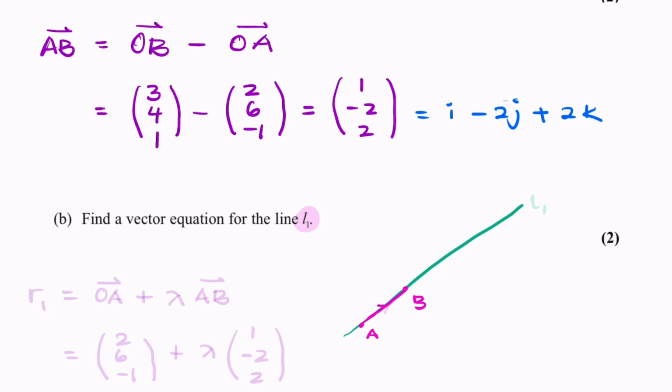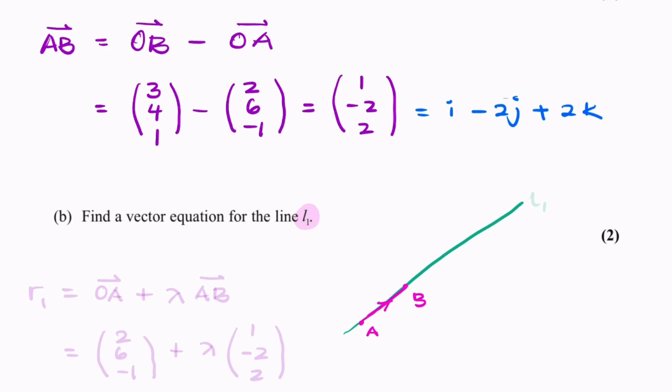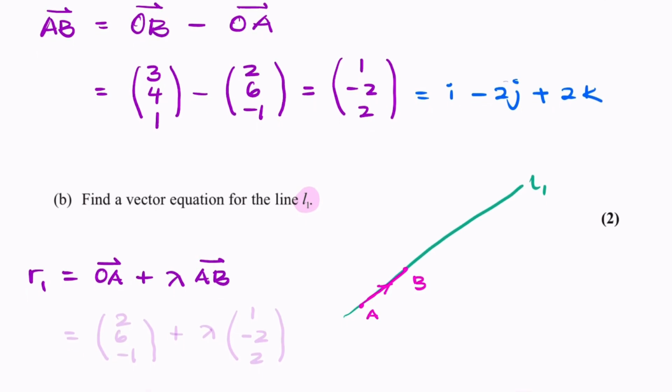So we found that vector, the direction from A to B. But to find the actual line L1, we would need to say something like the position vector of all points on the line equals the position vector of a point, let it be A, plus some parameter, not a constant, multiplied by the vector AB, which is the direction of the line.